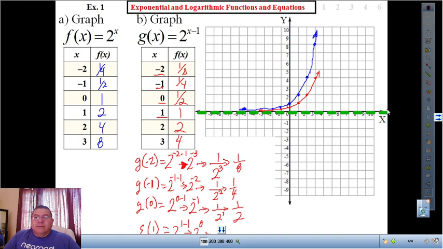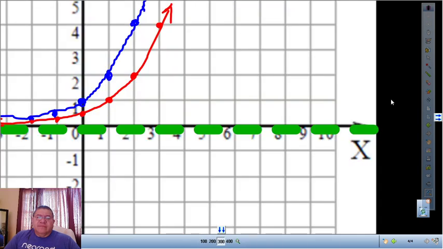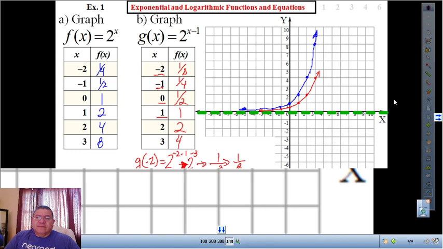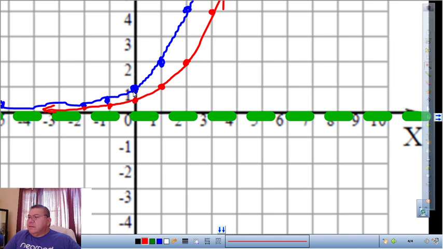So, what do you guys notice? Do you guys notice anything? Look at this point, and then look at this point.